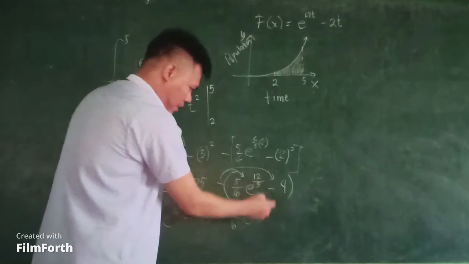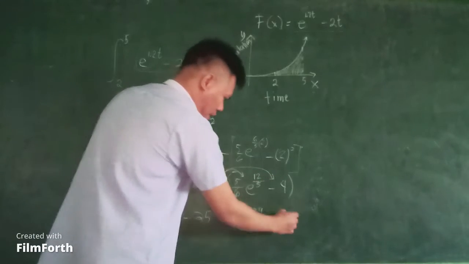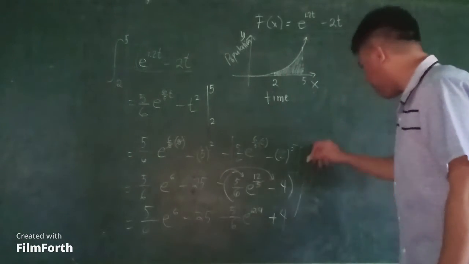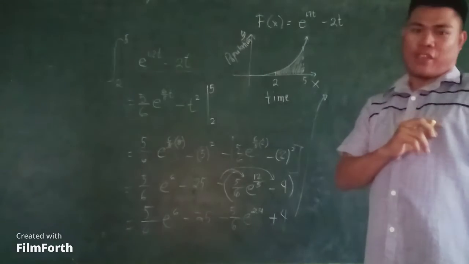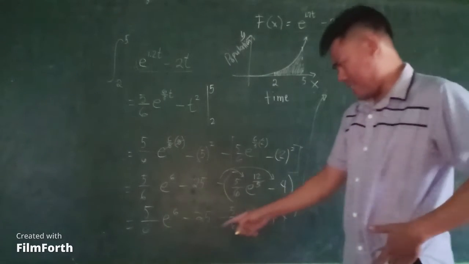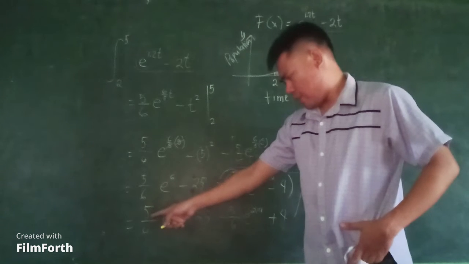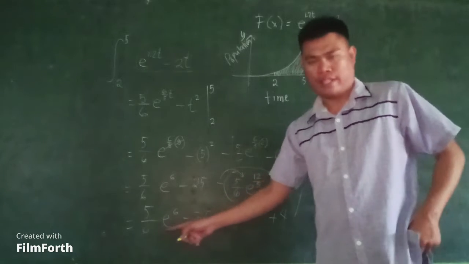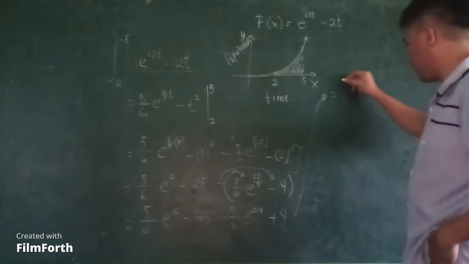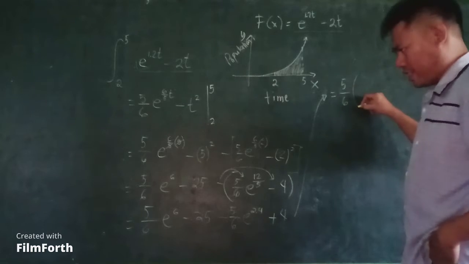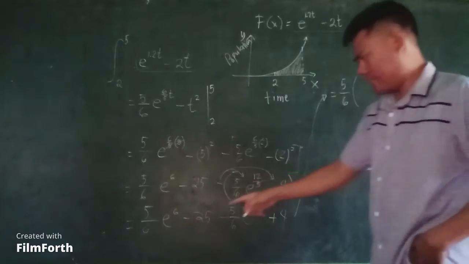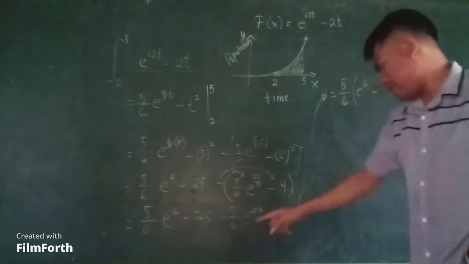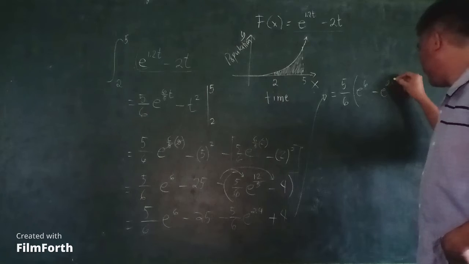Then negative times negative is positive, then copy 4. The next thing is we're going to combine. Since we have the common factor 5 over 6 and 5 over 6 here, and they both have e, we copy the common factor 5 over 6, then enclose in the parentheses e raised to 6 minus e raised to 2.4.